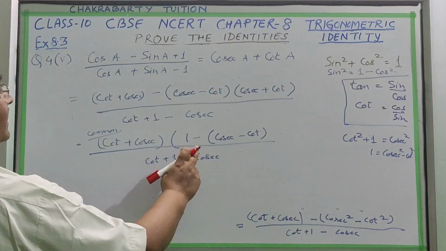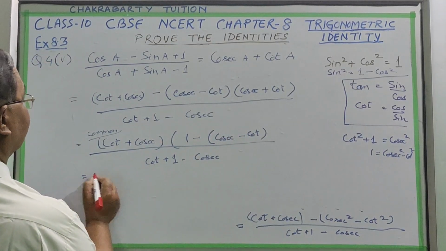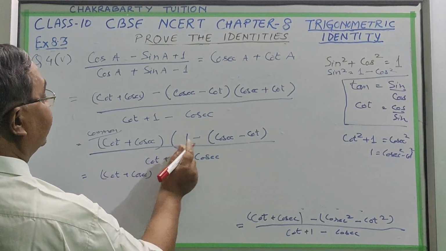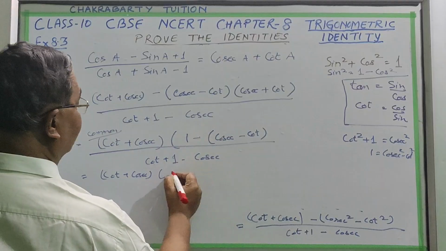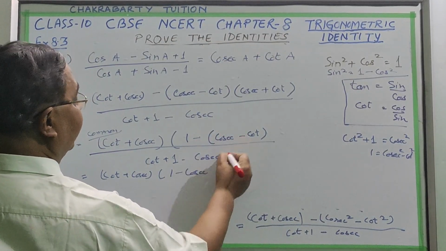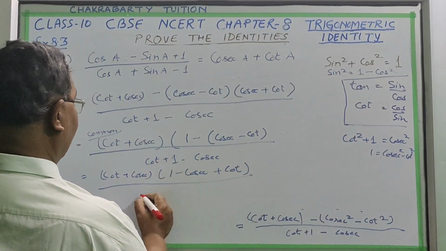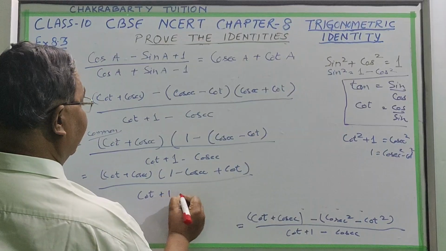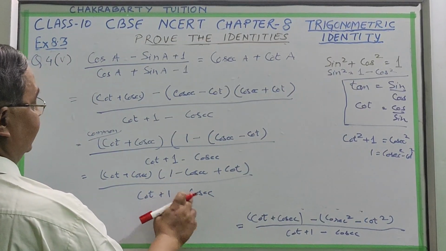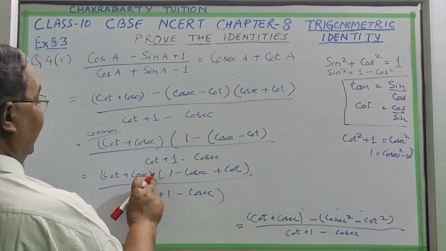So here if you open the bracket it will become minus and it will become plus cot plus cosec, and this bracket will open, so it will become minus cosec and it will make it plus cot, upon cot plus 1 minus cosec. So here you see minus cosec is here, 1 positive is there, cot positive is there, and the multiply sign is also there.